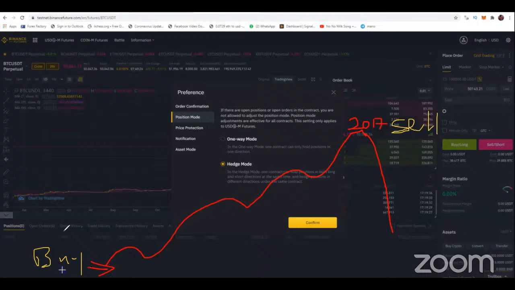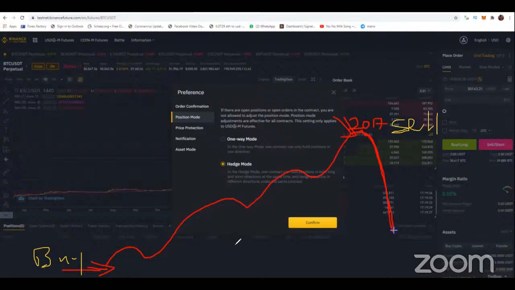Instead of closing your buy position, you can decide to take a sell of the same volume that you took from the low. You can take a sell around here so that it will protect you against this flush that's going to happen in the market.